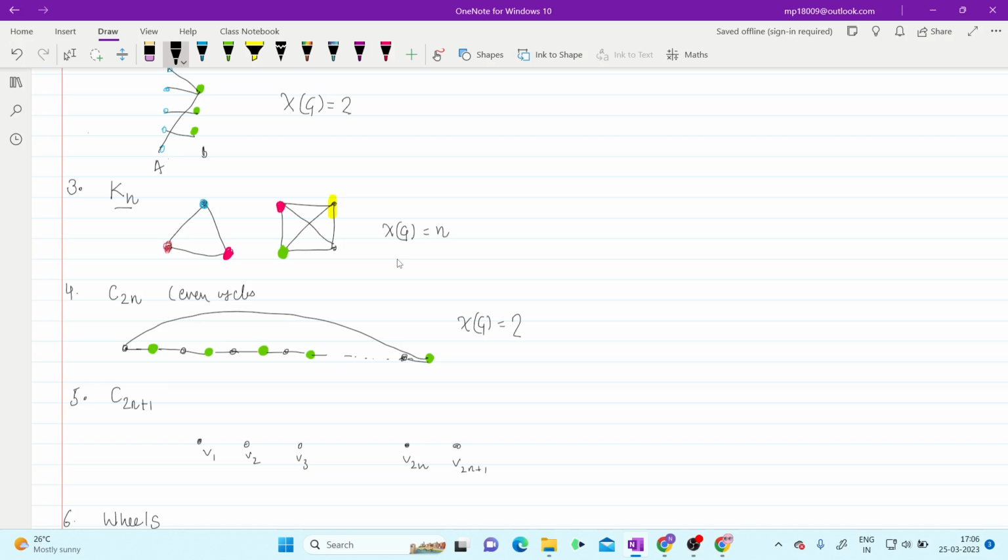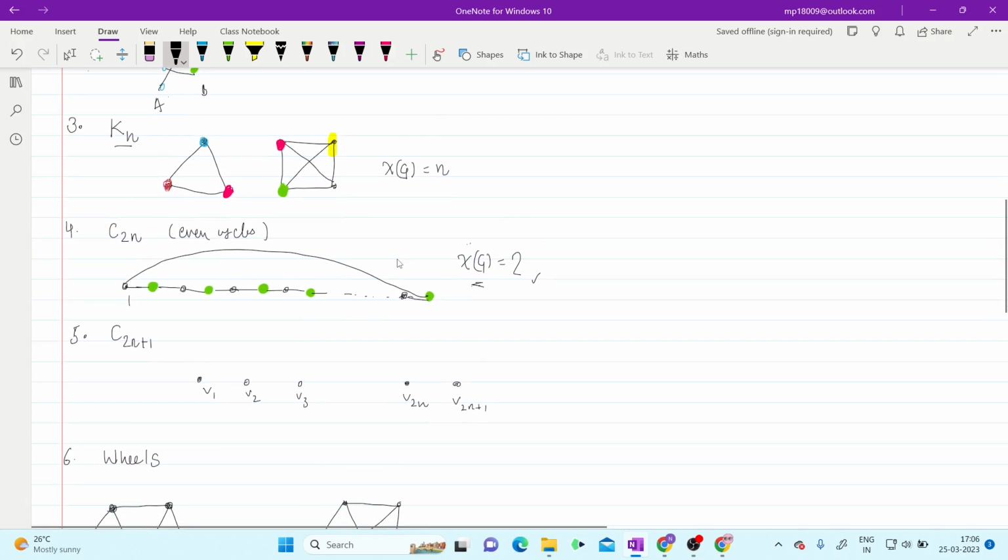For an even cycle we see that the chromatic number will be 2, because we can color it alternately. Vertices at odd positions can be given one color and vertices at even positions can be given another color. We can color this graph with two colors, but we cannot do this with one color. So the chromatic number is 2.